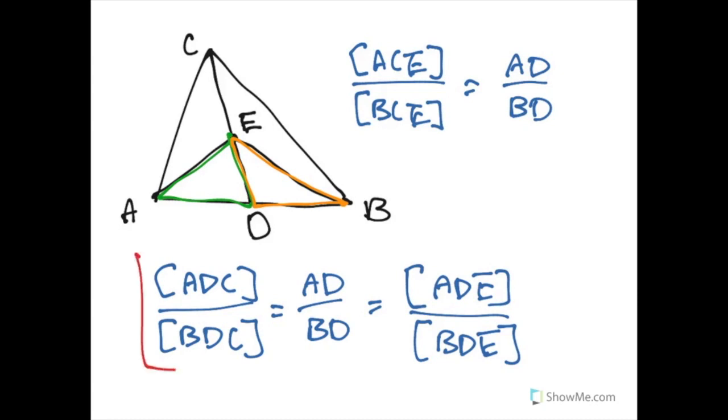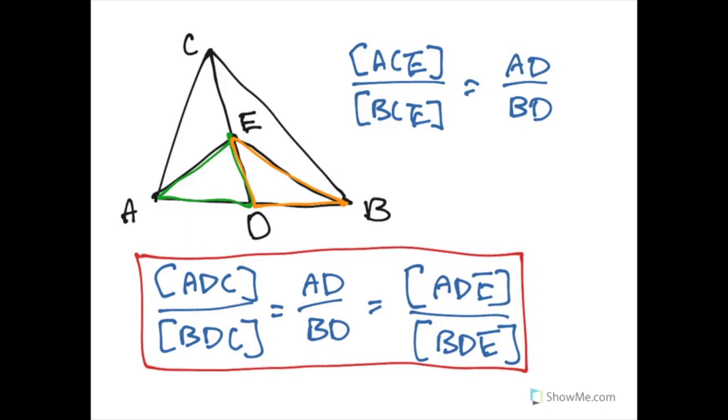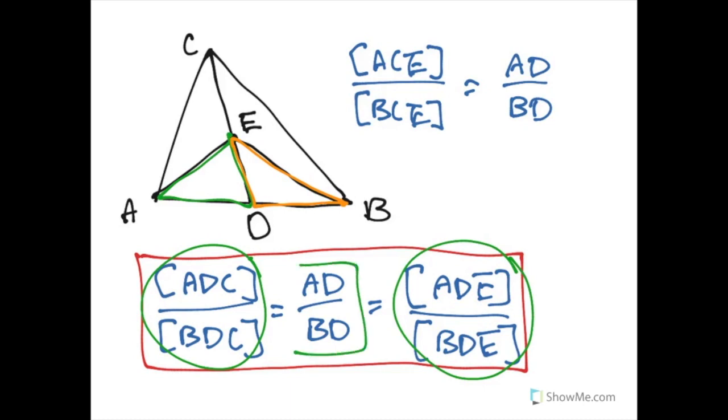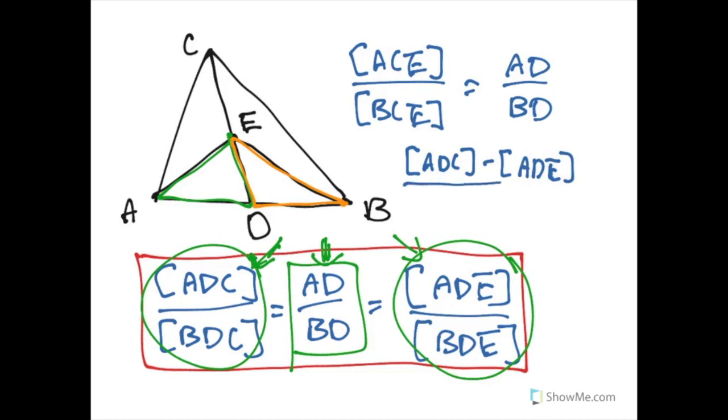So now we have these equations down here. And we're going to use these by simply saying, okay, if this ratio here and this ratio here are equal to the middle ratio, then the difference of these two ratios is also equal to the middle ratio. And that, if we write it out, would be the area of ADC minus the area of ADE divided by the area of BDC minus the area of BDE.